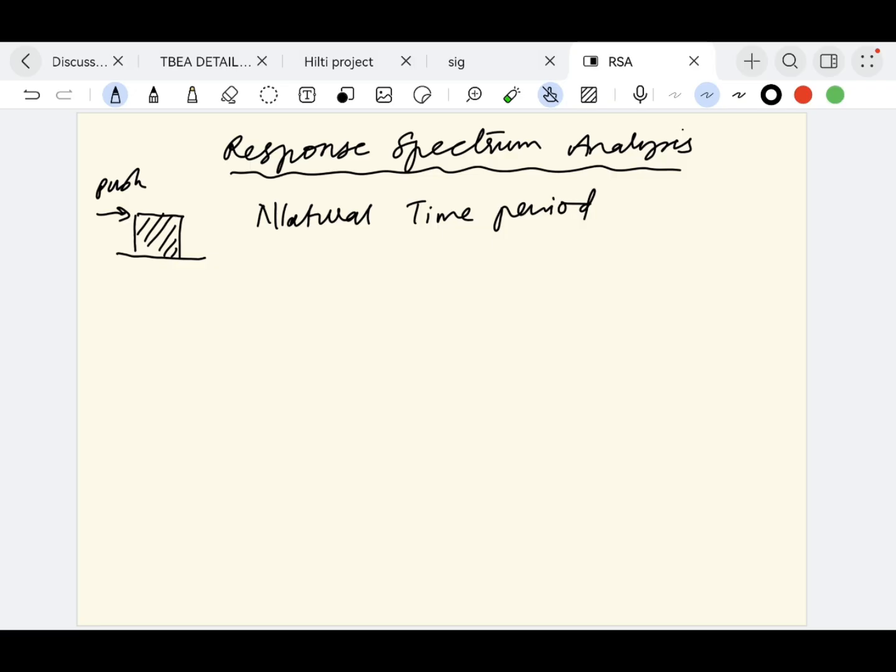Mainly it depends on both the mass and the stiffness of that structure. Heavy buildings vibrate slower than lighter buildings. For example, consider a car and a lighter object, say an electric pole.